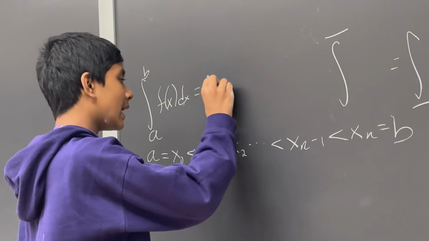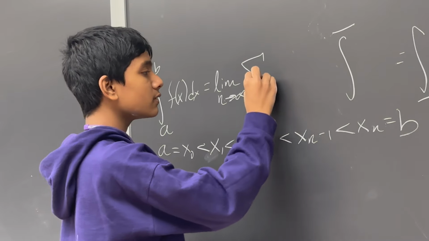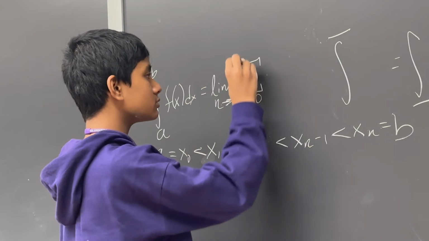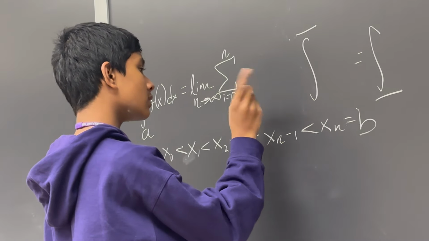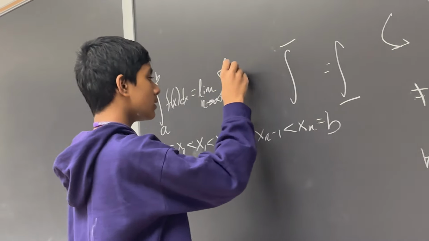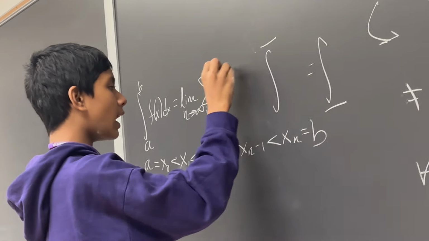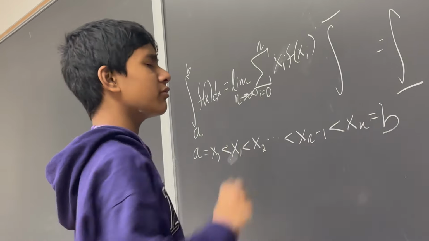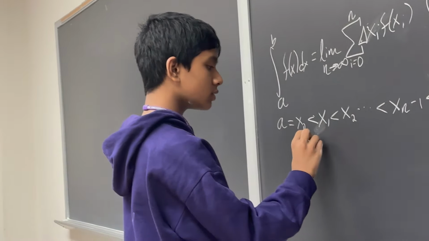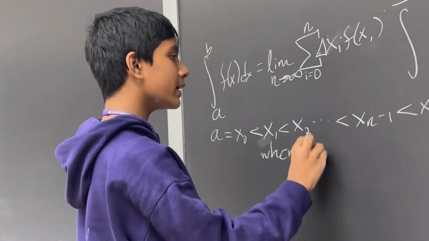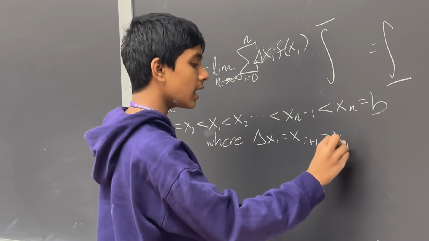Well, it's the limit as n approaches infinity of the sum from i equals 0 to n of f of xi delta xi, where we define delta xi as equal to xi plus 1 minus xi.